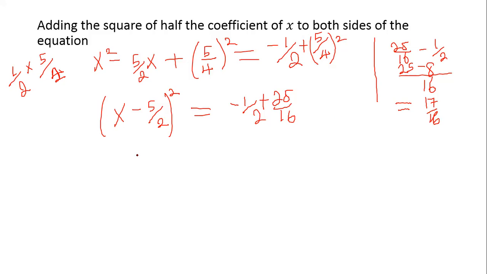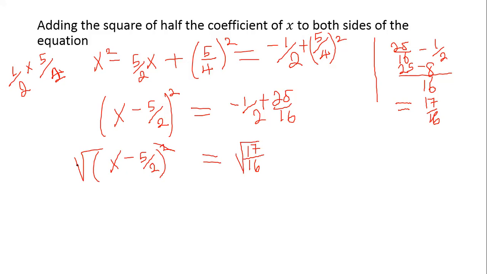So I will bring it here and say my x minus 5 over 2 squared is equal to 17 divided by 16. Then here I'm going to take a square root both sides.